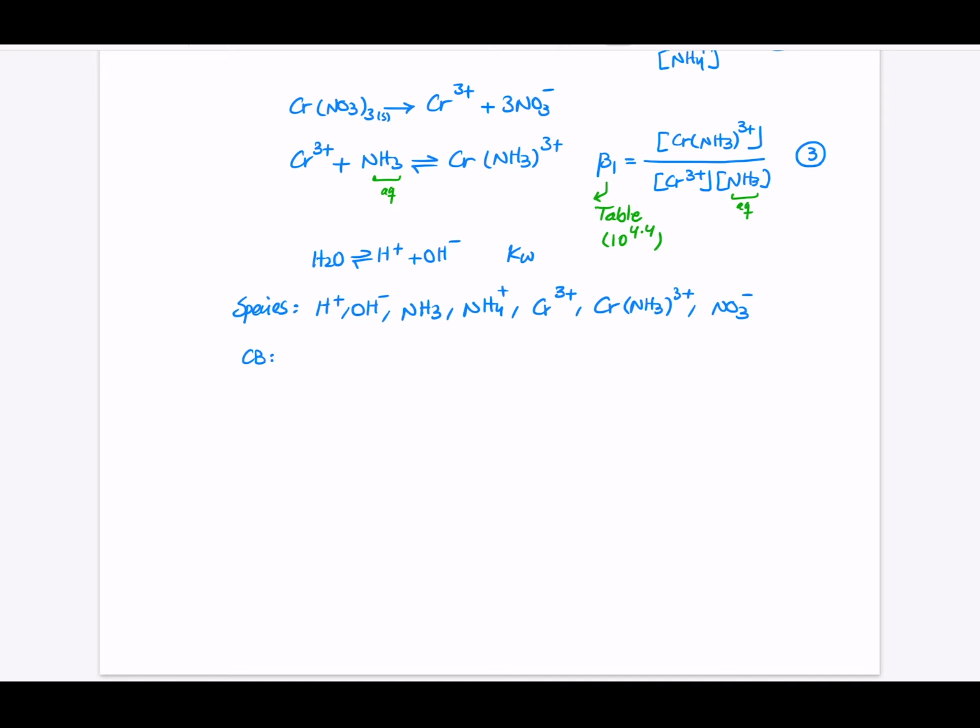Anyone for the charge balance? Chromium, like, yep.